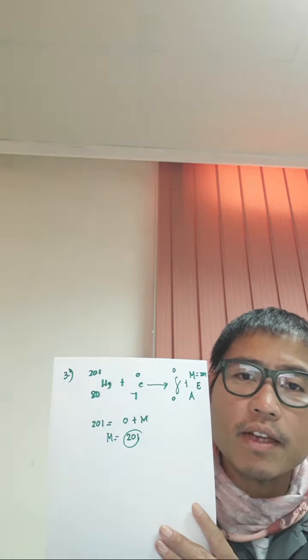So to compute for the atomic number: 80 is equal to 0 plus A. Oh, no, sorry. 80 plus -1 is equal to 0 plus A. Then A is equal to, just transposed, 80 minus 1, A is equal to 79.